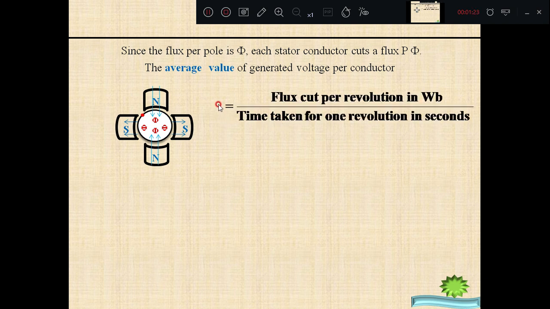According to Faraday's second law, the magnitude of induced voltage is given by the rate of change of flux.